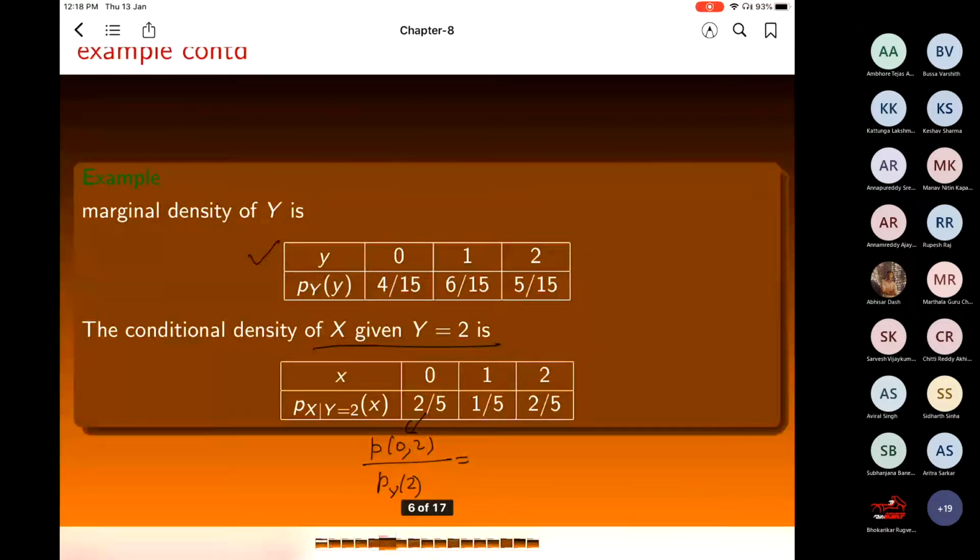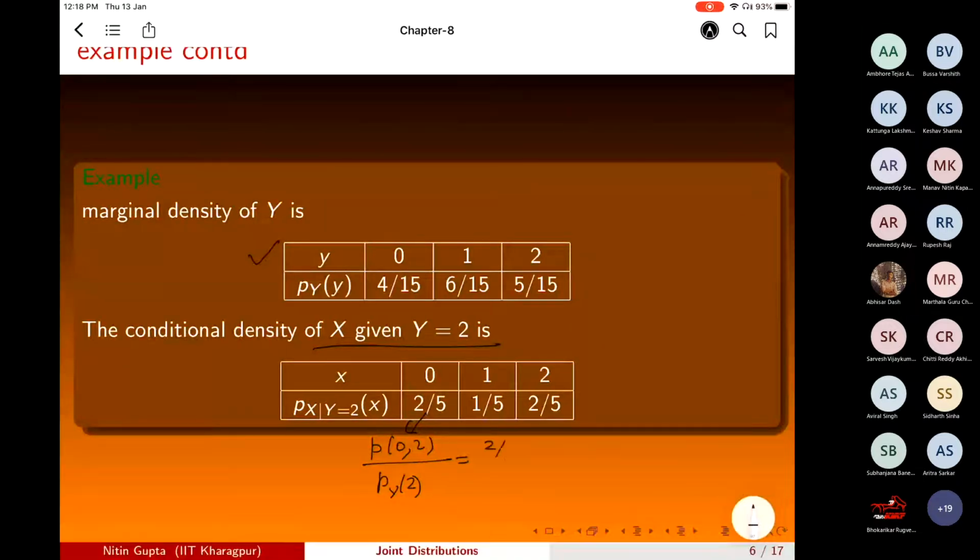This is 2/15 over 5/15. In the same fashion, you will get 1/5 and 2/5 corresponding to the other values of X.